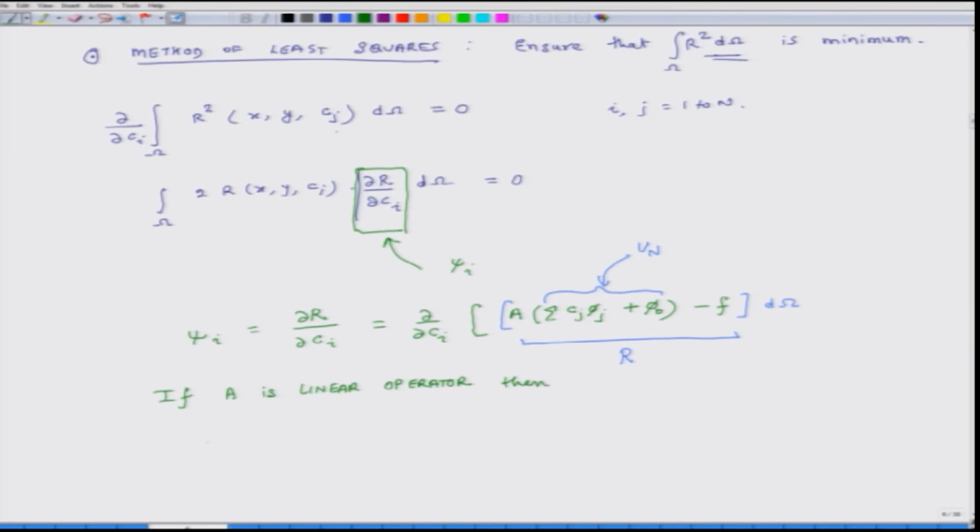So, if A is a linear operator, then psi I equals, I have to differentiate this entire thing with respect to Ci, right.